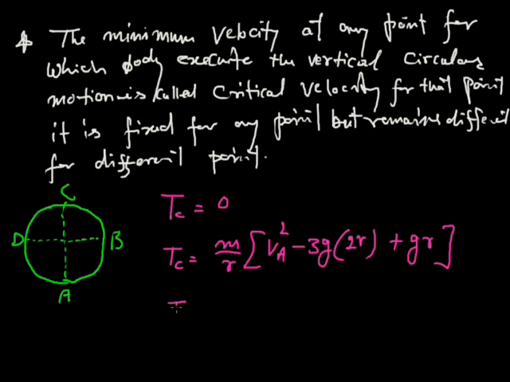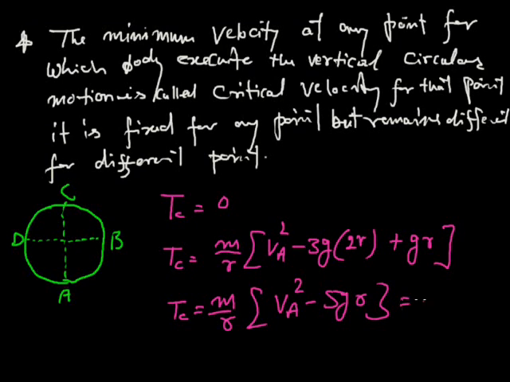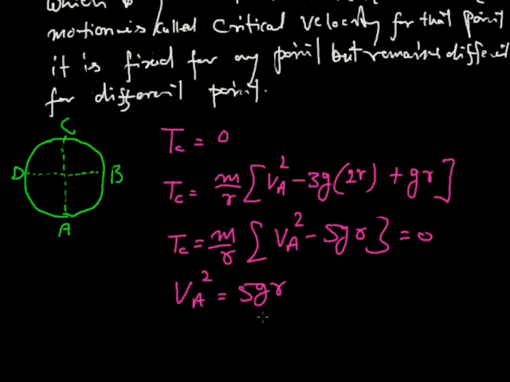It means Tc is equal to m upon r times (Va square minus 5gr) is equal to 0, and Va square will be equal to 5gr, and Va is equal to root 5gr.